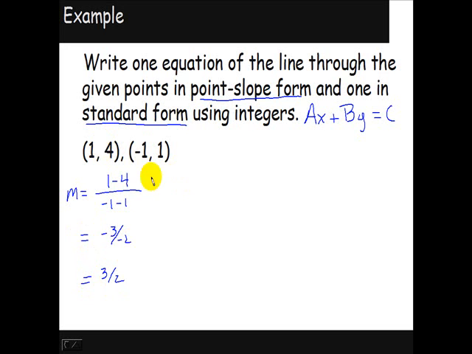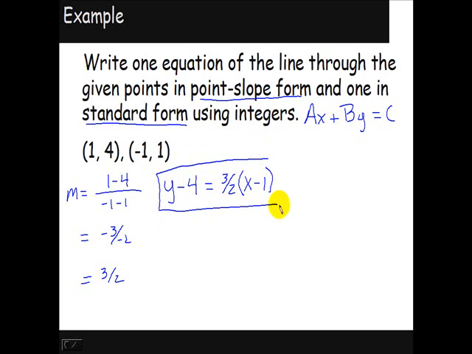So if I use this point, I would have y minus y1 equals 3/2 times the quantity x minus x1. So here's one of the answers they asked for, point-slope form. We've got that one. And they also asked for standard form.